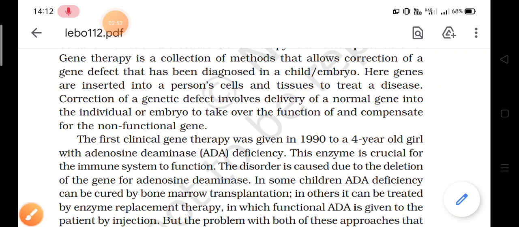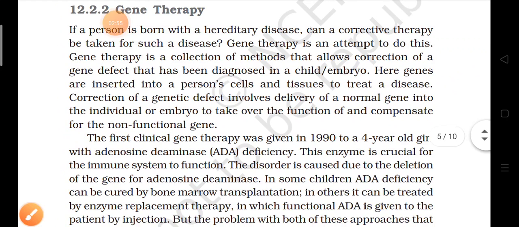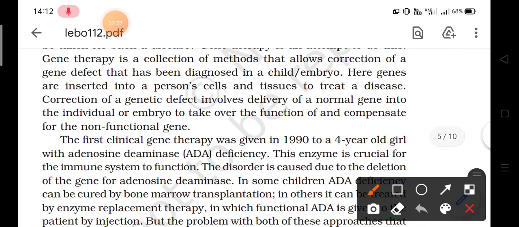The first clinical gene therapy was given in 1990, and to whom was it given? It was given to a 4-year-old girl who was suffering from adenosine deaminase deficiency, which means she was suffering from the disease ADA deficiency.